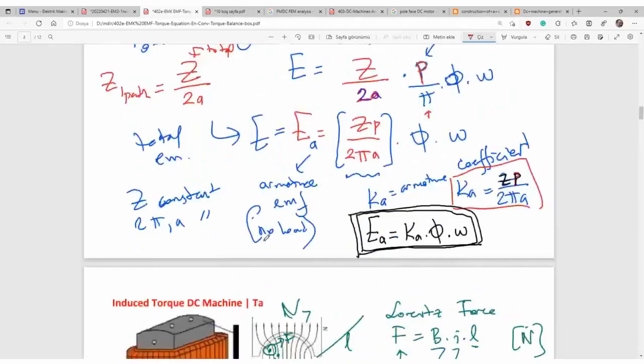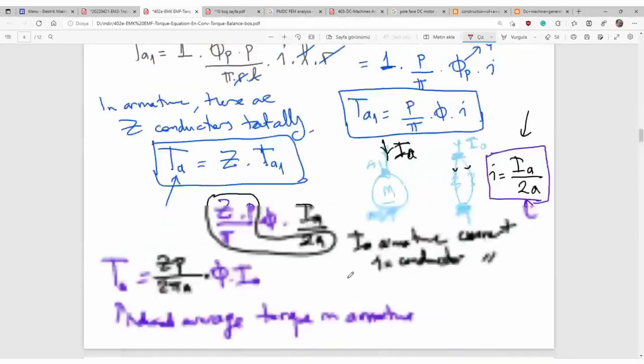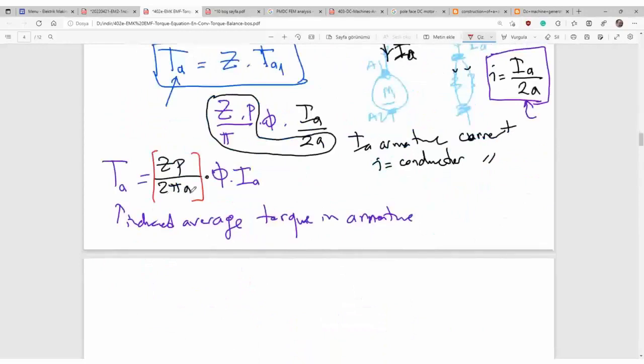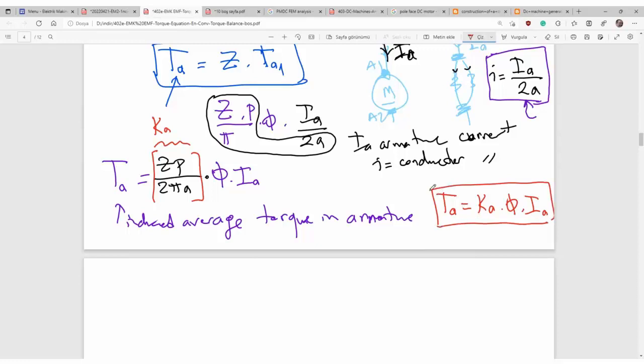ZP over 2 pi A is here, and it is already defined as Ka. So the induced average torque in the armature is equal to Ka times flux times armature current. That is the induced torque equation.